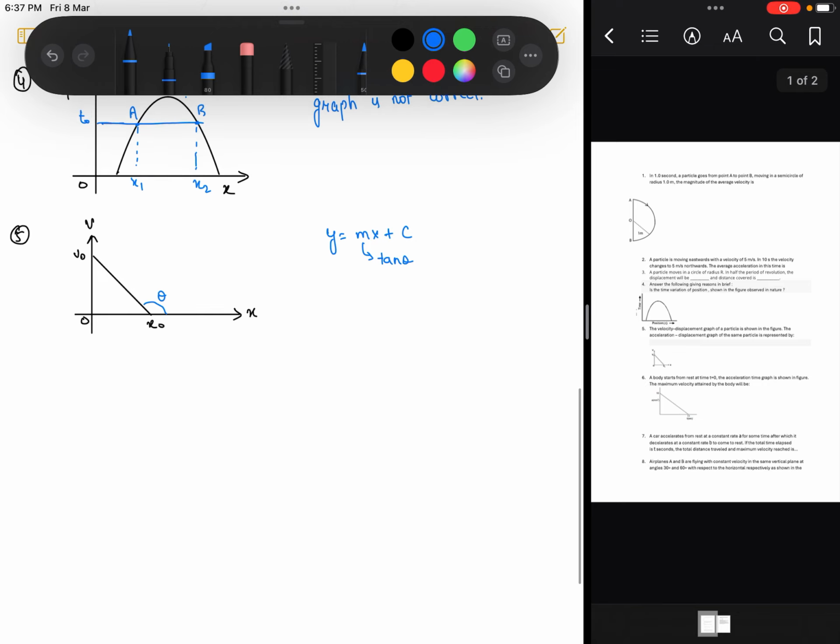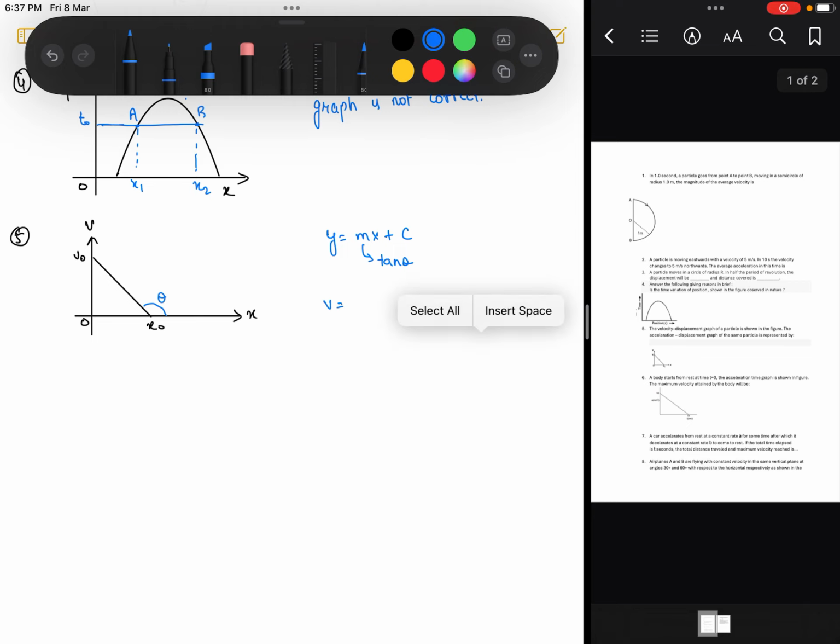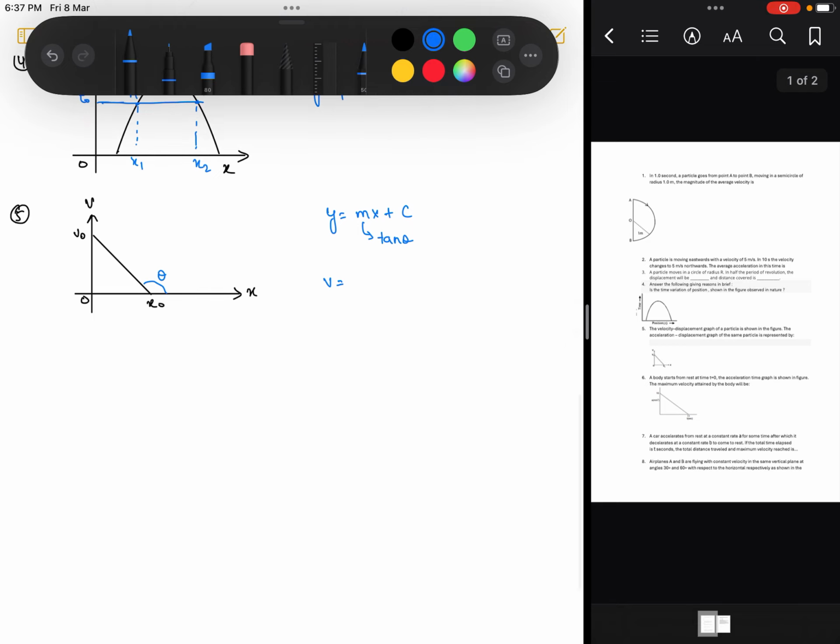So we can write the equation of v and x. V is equal to, that slope will be negative because theta is greater than 90 degree, negative of v naught divided by x naught dot x plus, here the y-intercept is positive, so we will have plus v naught. So this is the equation of the line drawn in this graph between v and x.